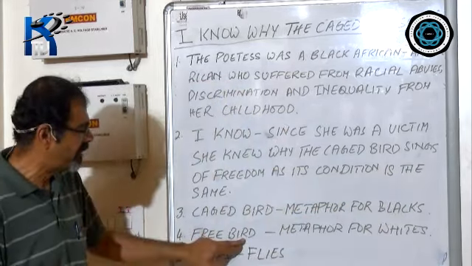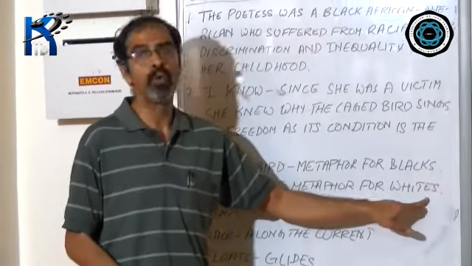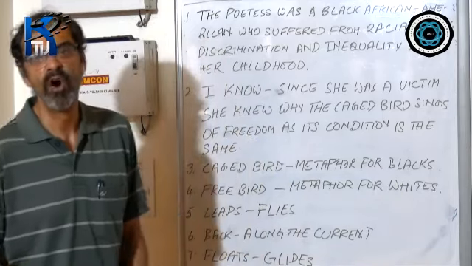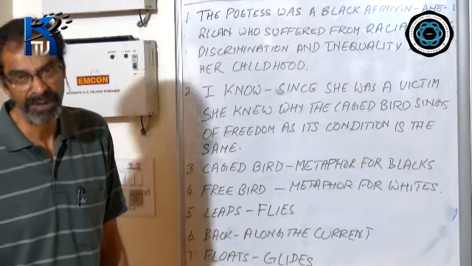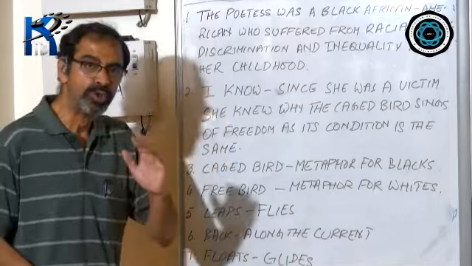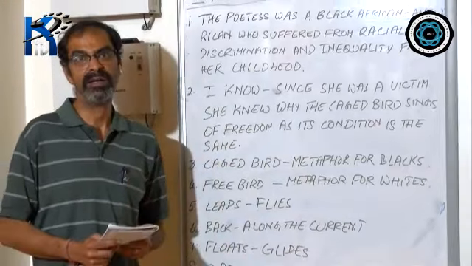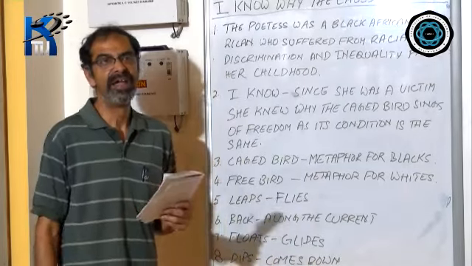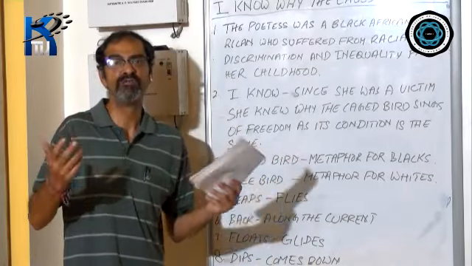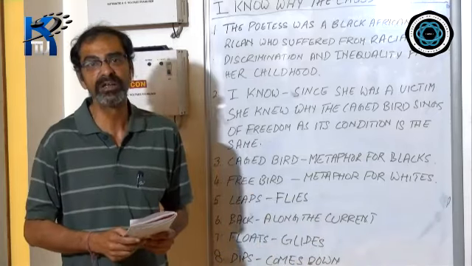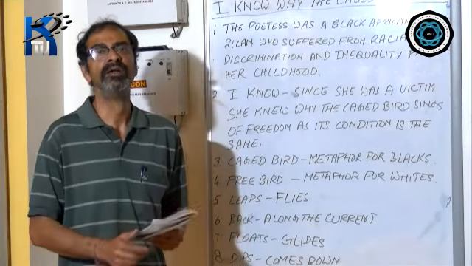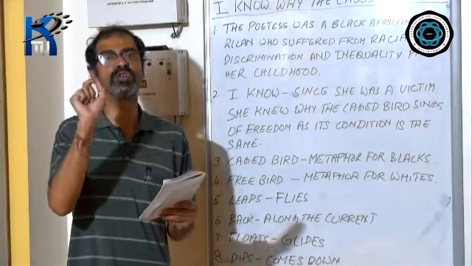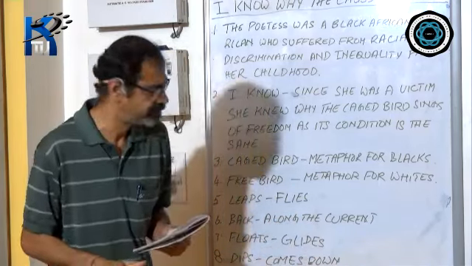The free bird is a metaphor for the white people, meaning the free bird stands for the white people. And through the contrast between the miserable condition of the caged bird and the free, joyful, happy condition of the free bird, the poetess is highlighting the sufferings of the black people.